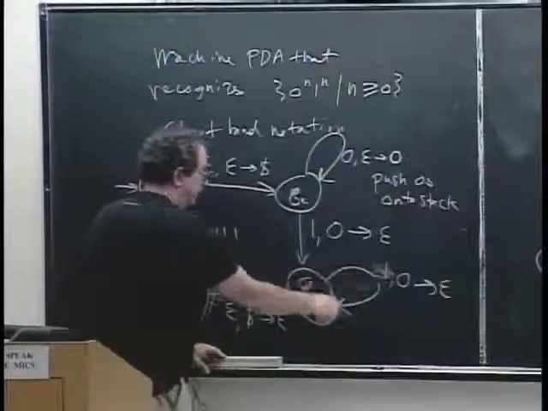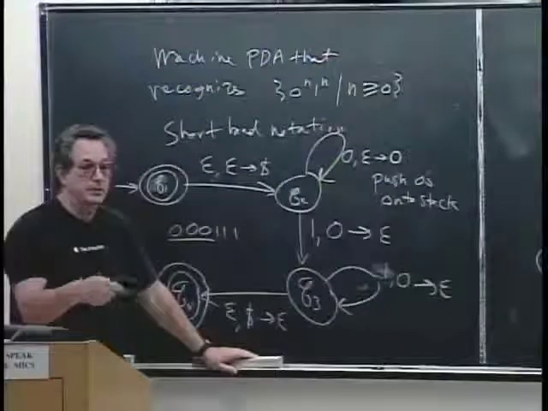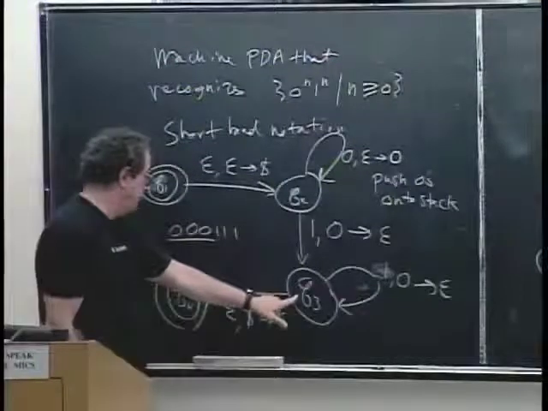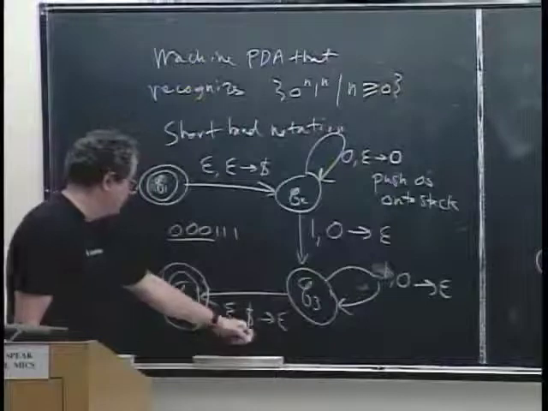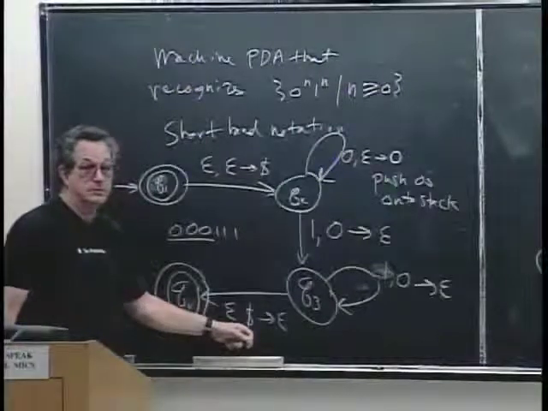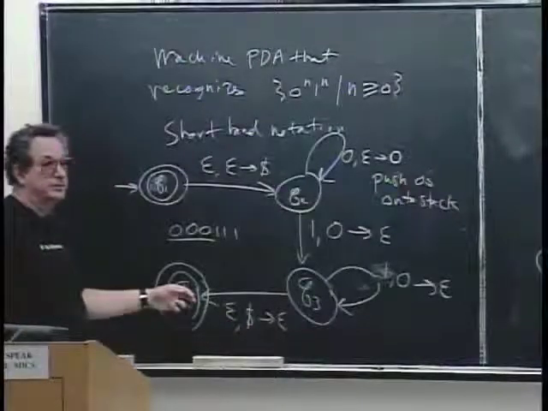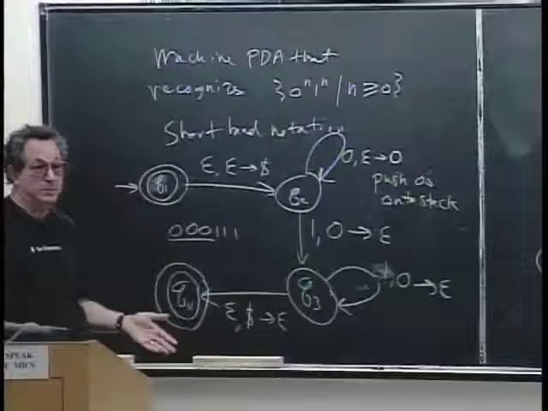Over here, you pop 3 times while you're reading the 1s, and then at that point you move over to here, you're reading the bottom of the stack. It's that $ sign that you put there to recognize that you're at the bottom of the stack. The input is fully consumed, you're in an accept state, so you accept.